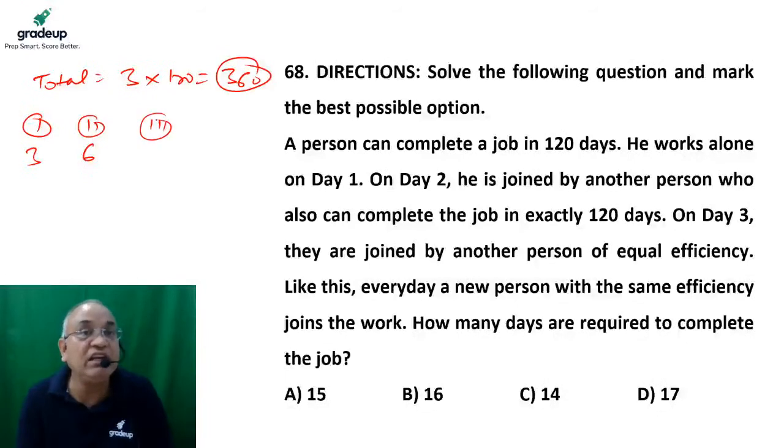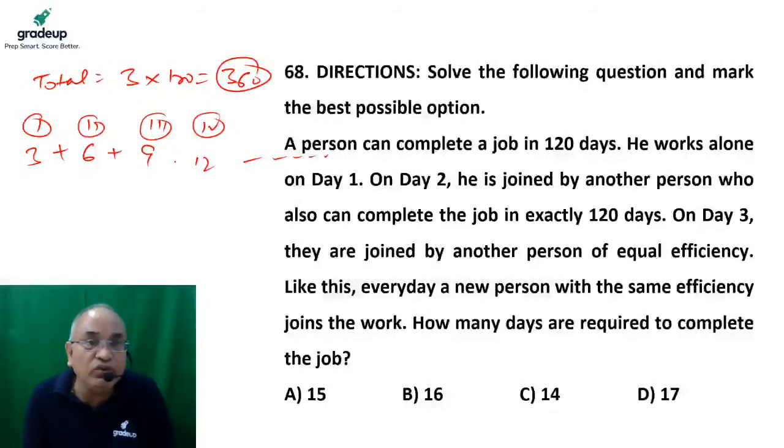On the third day, 3 persons will be there. They will complete 3 plus 3 plus 3, 9 units. On the fourth day, they will complete 12 units, and so on and so forth. So if we add all these values, 3 will be taken as common. So I take 3 as common, and 1 plus 2 plus 3 plus 4 and keep adding up to 15.